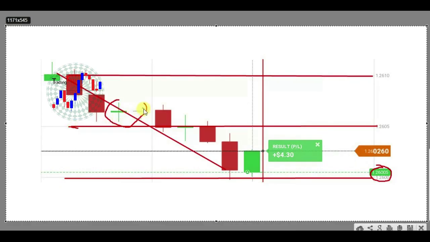Buyers are trying, but after buyers try, there are still no buyers. It means buyers are not enough to make a buyers' candle here. That's the reason we can see sellers' entry, but now the candle closes at the round number.